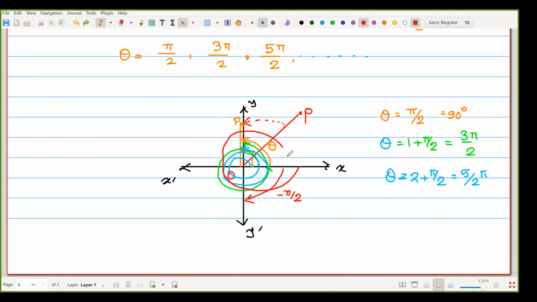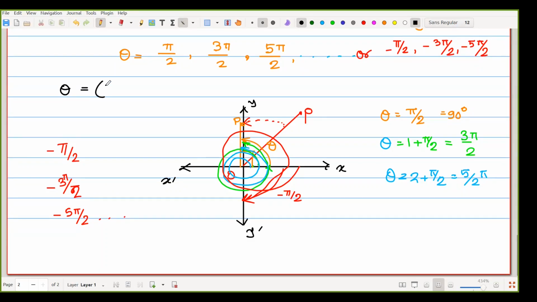So that is the first rotation, then once again minus pi by 2. Like that, it may be minus pi by 2, minus 3 pi by 2, minus 5 pi by 2, like that.